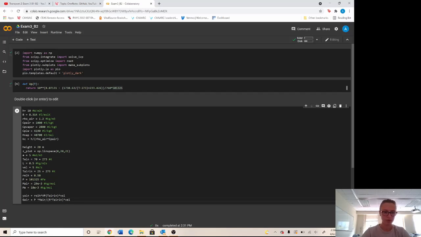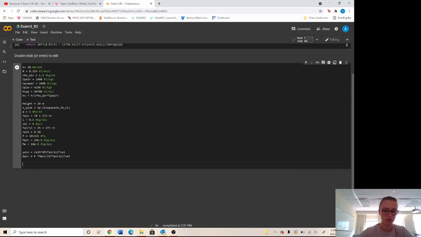So now that we have that, we also need to make initial guesses for the outlet of the air and the outlet mole fraction of the air and the outlet temperature of the air.